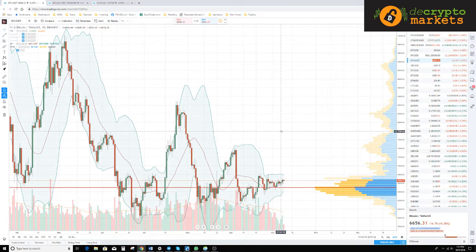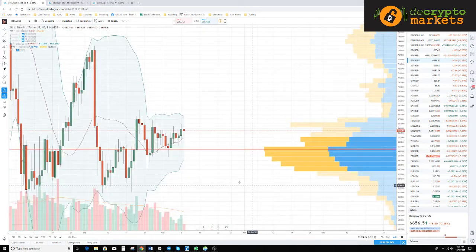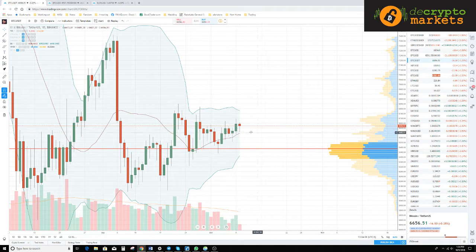I don't know how much tighter you could get. I mean, I know how much tighter we could get. We could get extremely tight. The ranges could get even tighter, but I don't know how much more of that has to happen before there's a move up. I mean, we're trading an inside bar right now.